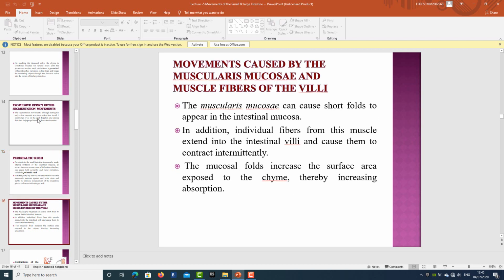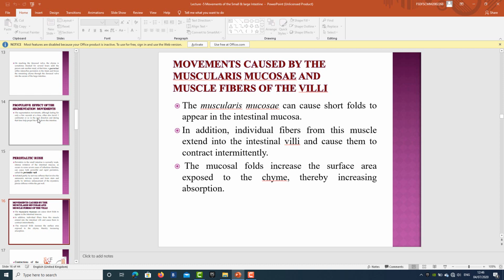Movements which are being caused by the muscularis mucosae and muscle fibers of the villi. The muscularis mucosae can cause short folds to appear in the intestinal mucosa. In addition, individual fibers from this muscle extend into the intestinal villi and cause them to contract intermittently.